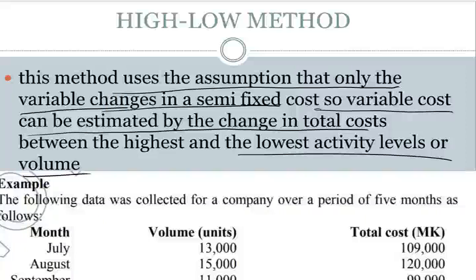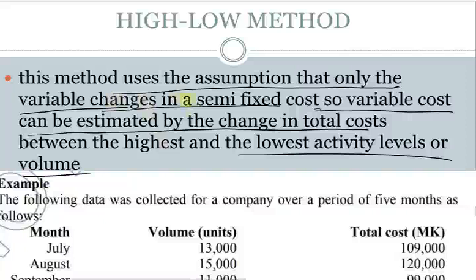So when using high and low, they will apply the assumption that in a mixed cost, the only part that will change because of activity level is the variable part. For us to find the variable cost, you just have to find the difference between the activity levels, because you know that the fixed element will remain fixed, but the variable element will change with the change in activity level.